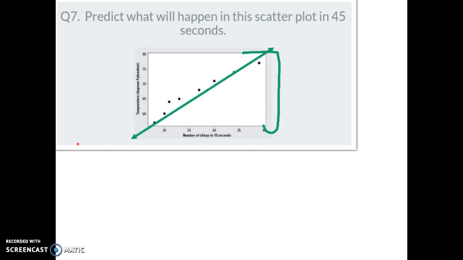So if someone was to say, hey, I believe in the next 45 seconds, the temperature in Fahrenheit would be 110, I would say, no, it's a strong positive that it's going to be 80 degrees. Or if someone was to say, hey, I'm going to need a jacket because after 45 seconds, it's going to be 40 degrees, I would say, no, it's a strong positive that you won't need a jacket. It's going to be 80 degrees.